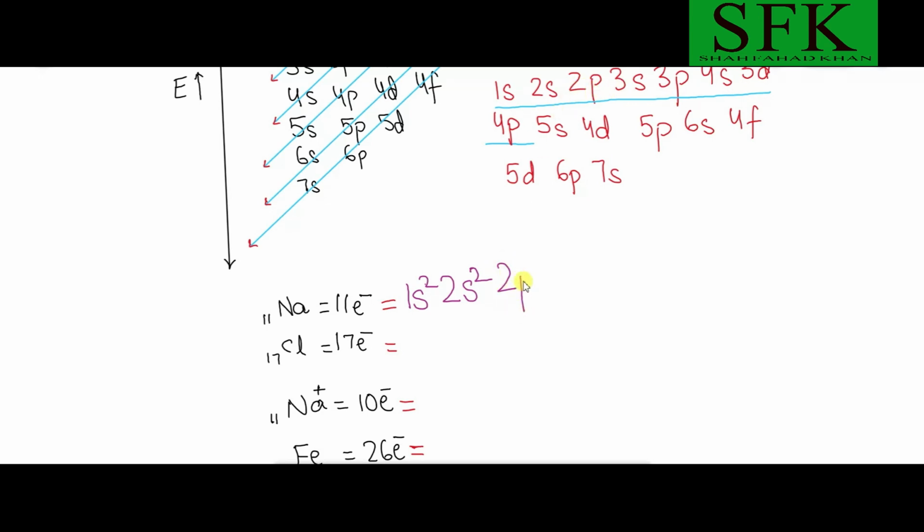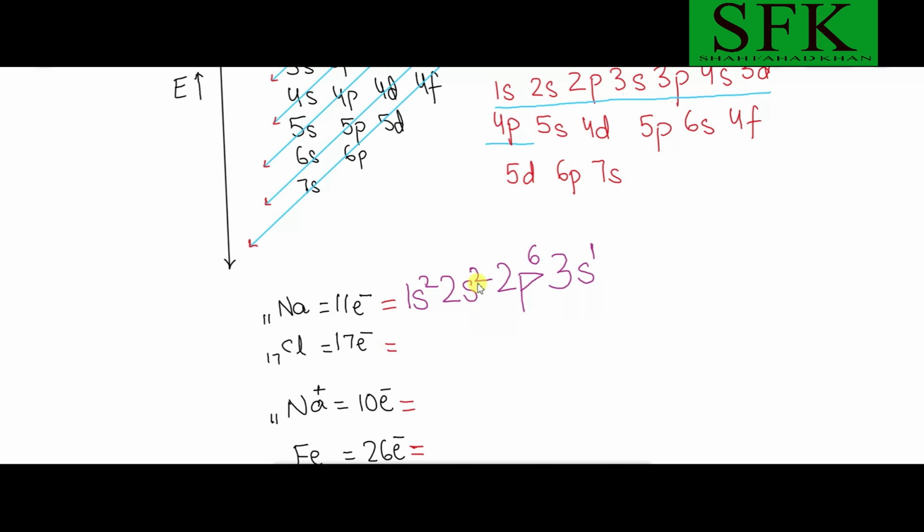The p orbitals can have a maximum of 6 electrons because the p subshell has 3 orbitals. Up till now we've taken care of 10 electrons, since 6 plus 2 plus 2 is 10, so only 1 electron is left. After the 2p, the 3s orbital is filled. We are left with only one electron, so just write the one electron over here. This is the electronic configuration of the sodium atom.